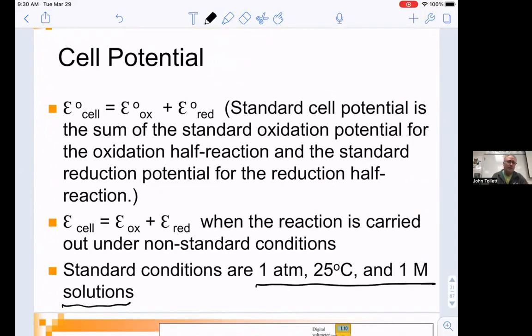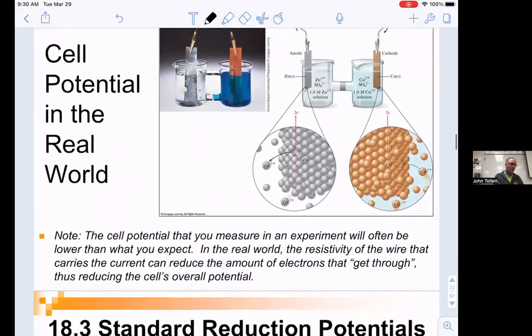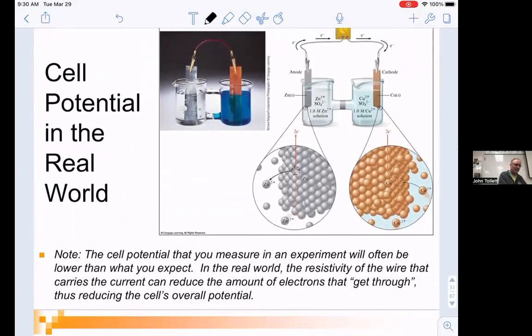Often they're not the same because in real world situations, the resistivity of the wire that carries the current increases as it heats up, so not as many electrons get passed from atom to atom along the wire. That reduces the overall voltage, or the overall cell potential, of that system.